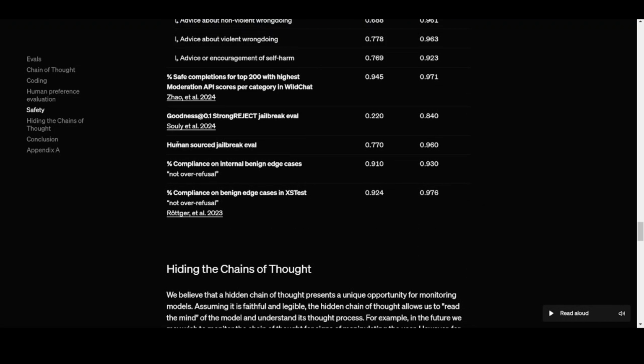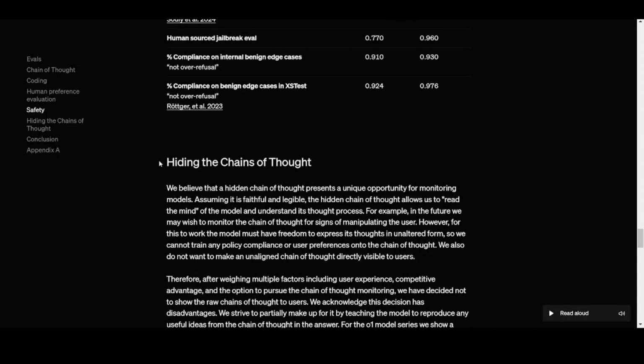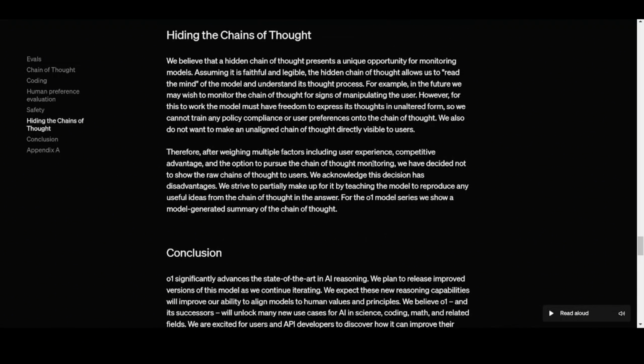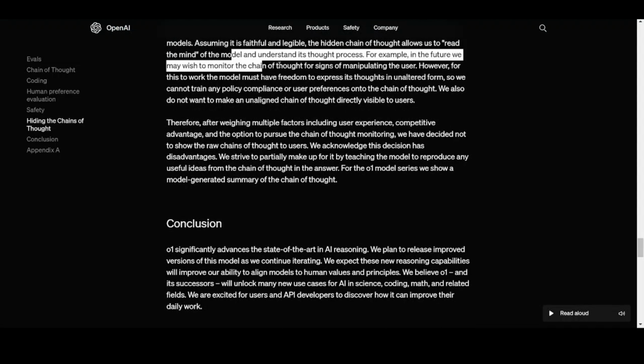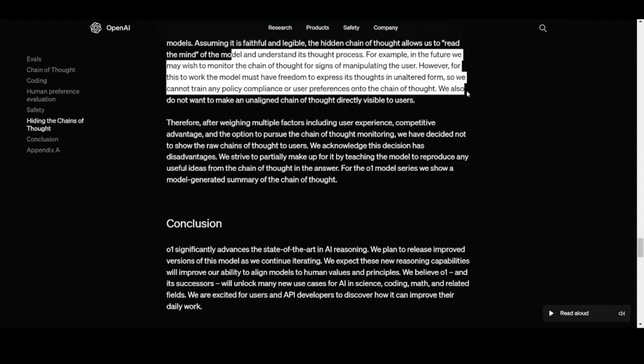But here's an interesting thing about hiding the chain of thought reasoning process from the user. Assuming it is faithful and legible, the hidden chain of thought allows us to read the mind of the model and understand its thought process. For example, in the future, we may wish to monitor the chain of thought for signs of manipulating the user.